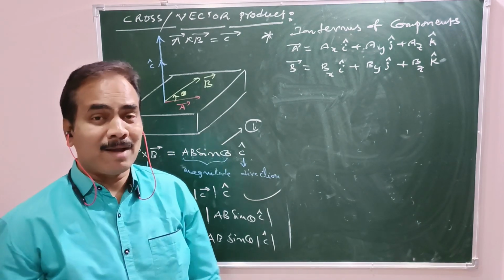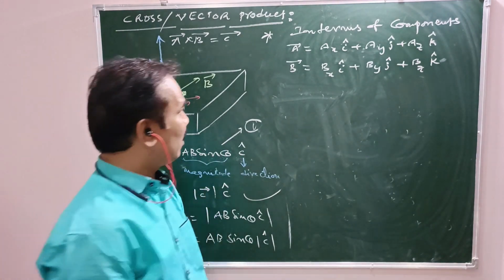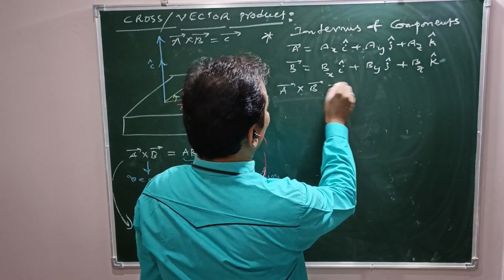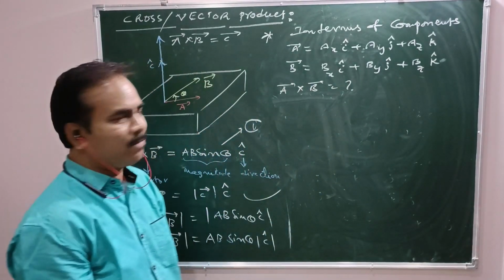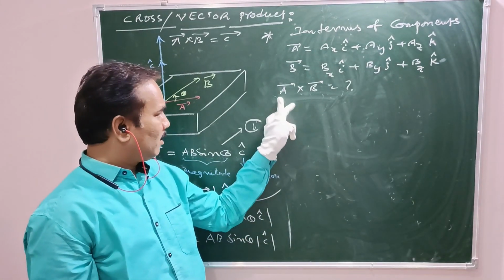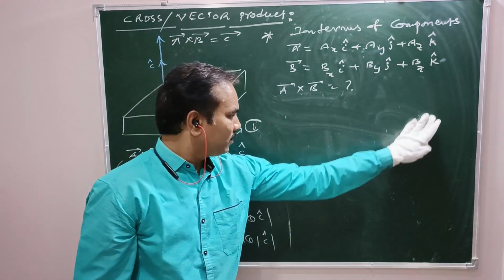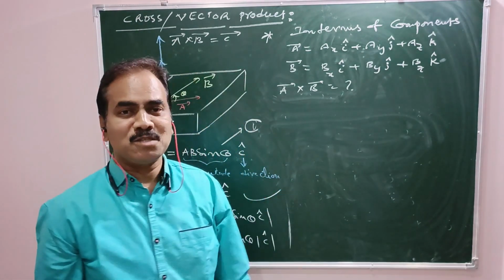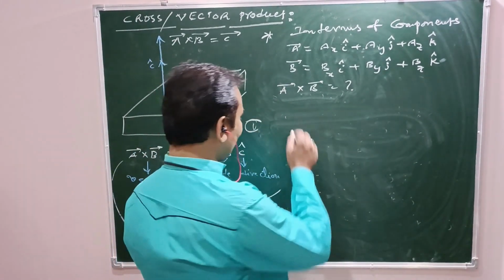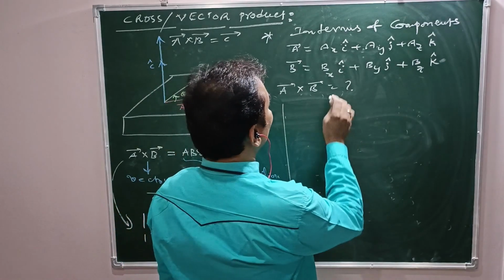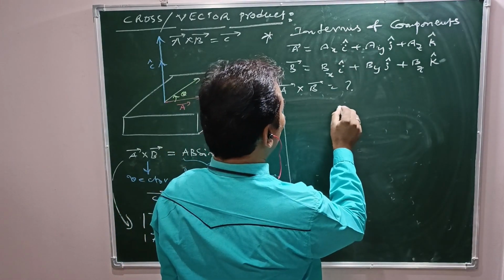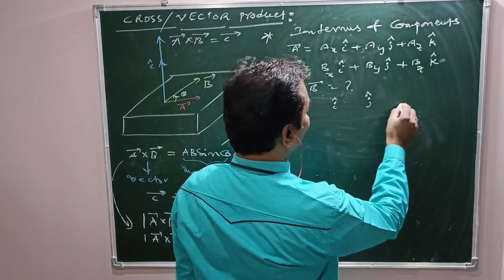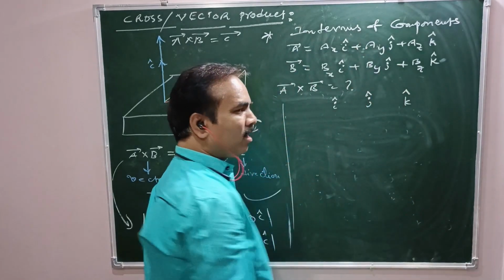Now how to get A bar cross B bar? Simply by determinant. The method of obtaining the determinant is nothing but A bar cross B bar. How to get the determinant? I am writing i cap, j cap, and k cap, the orthogonal unit vectors.